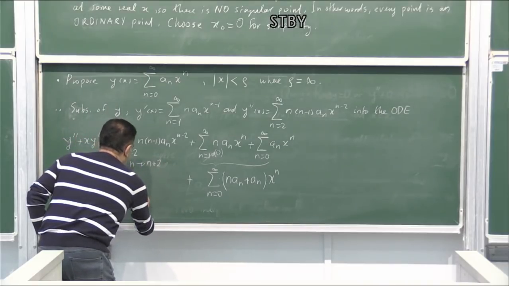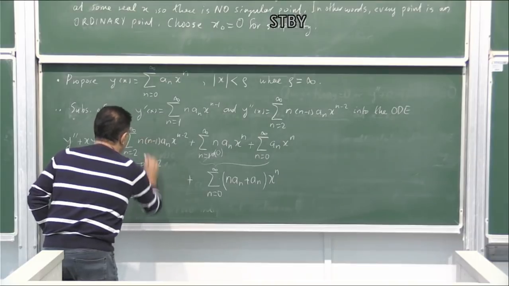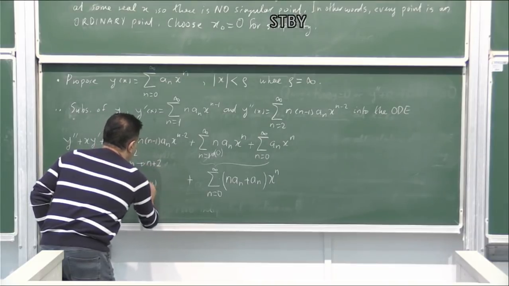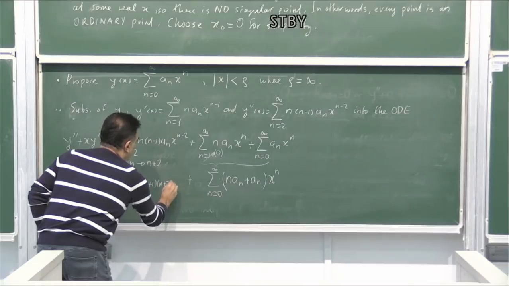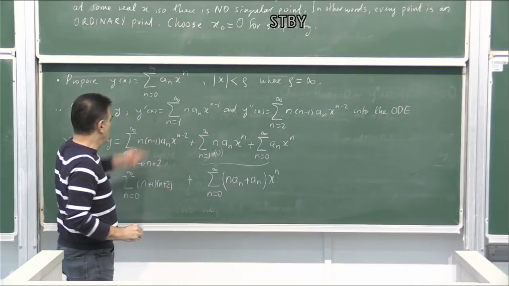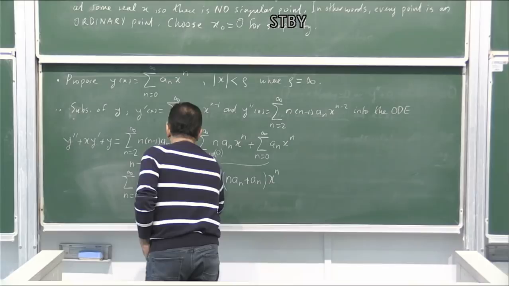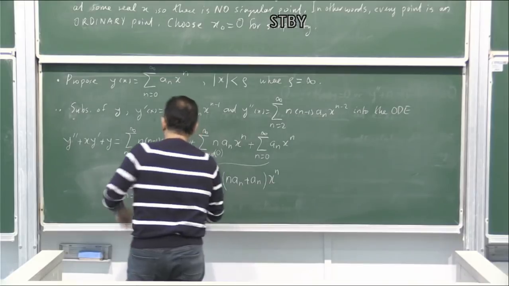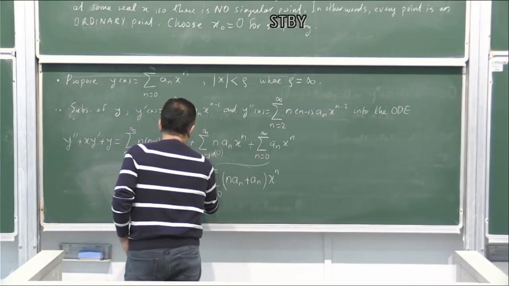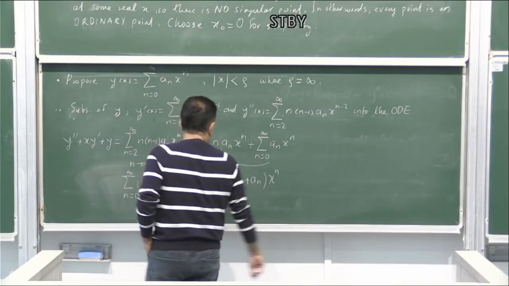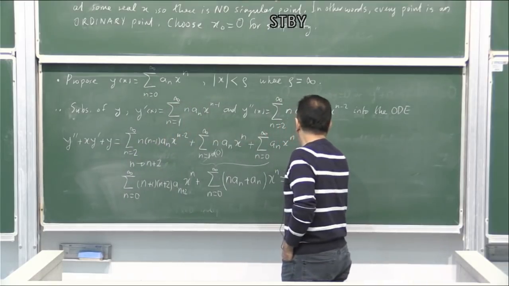So n starts from 0 to infinity, n plus 1, n plus 2, a n plus 2, x to the power n, which must be 0.